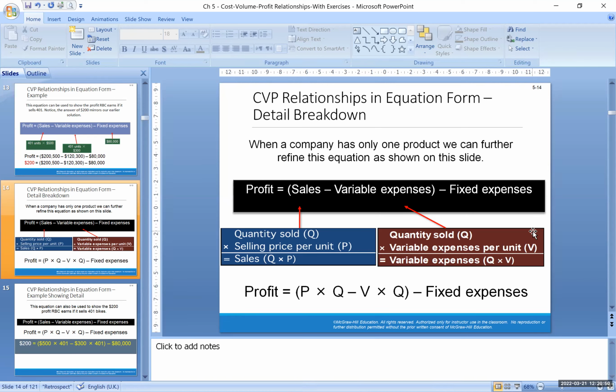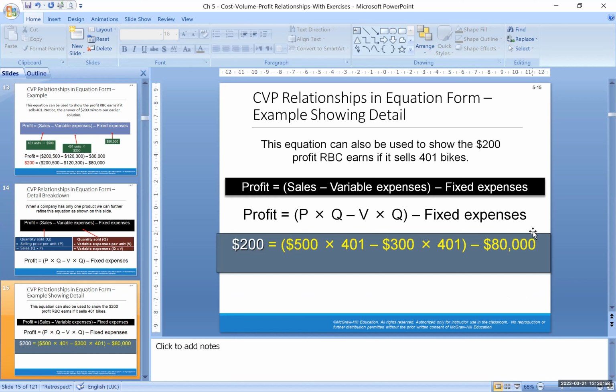Look at what is between brackets, we do have the Q in the sales and the variable expenses. So if we apply the numbers, the equation can also be used to show the $200 profit the company earns if it sells 401 bikes. The profit is equal to P, which is $500, Q is 401.